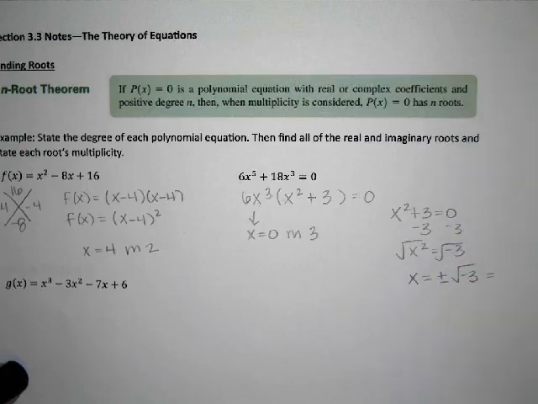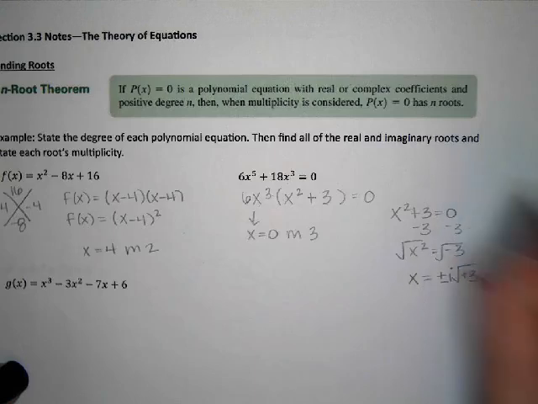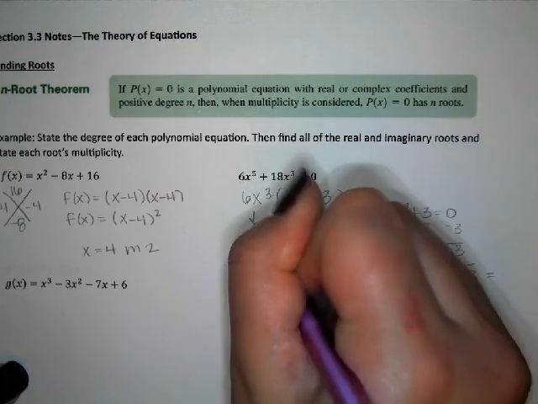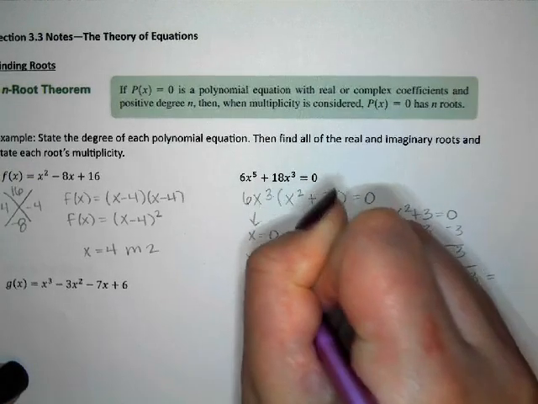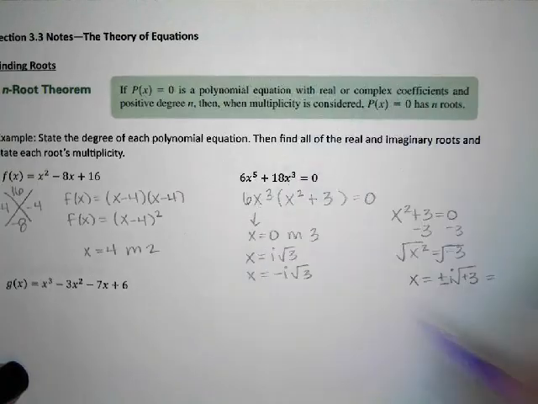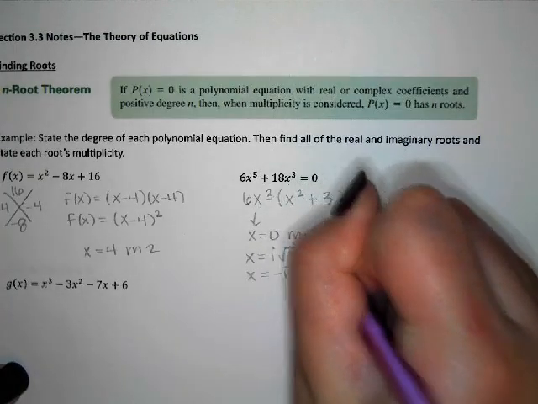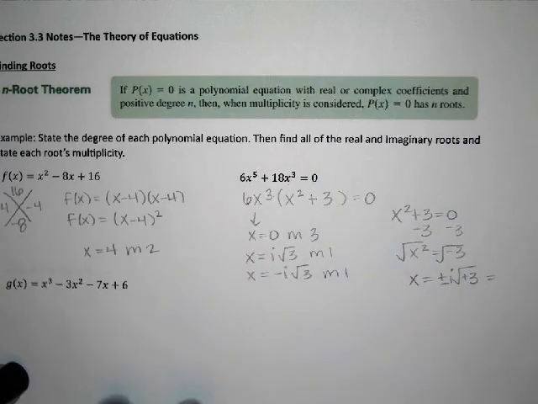When I square root a negative, it turns into an i. So I've got i root 3 and negative i root 3. And both of these have a multiplicity of 1. So 3, 4, 5, 5 answers.